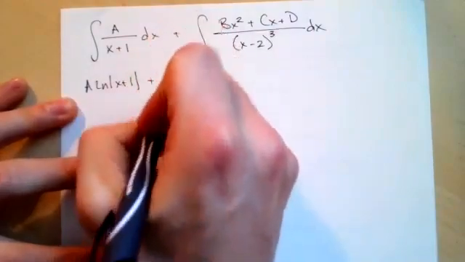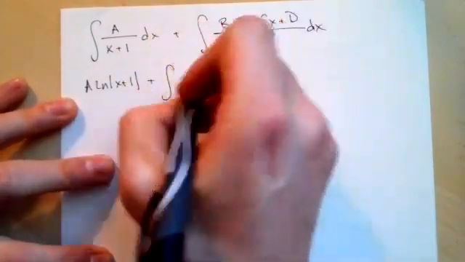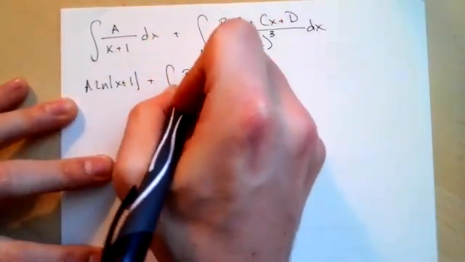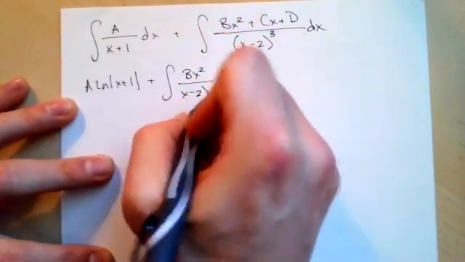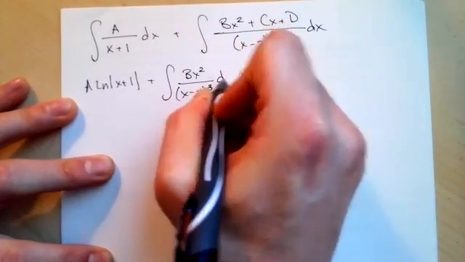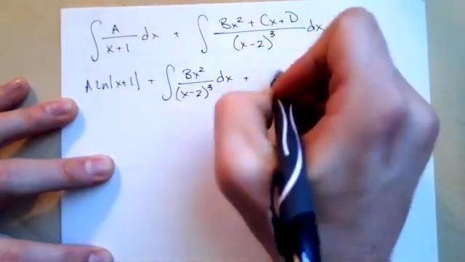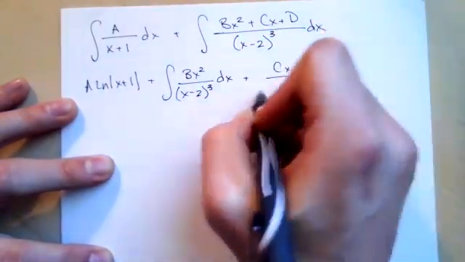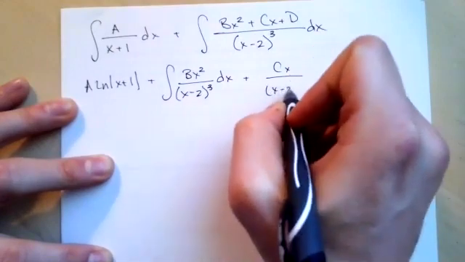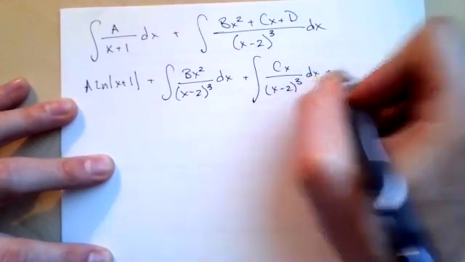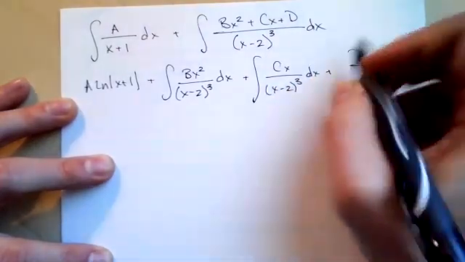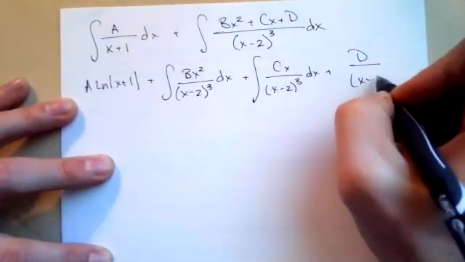So we've got the integral of Bx squared over x minus 2 cubed plus Cx over x minus 2 cubed plus D over x minus 2 cubed.